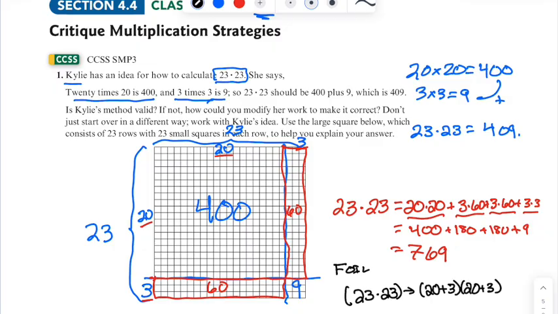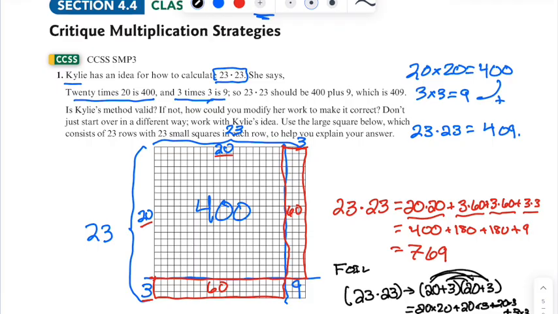I multiply my firsts, 20 times 20, my outers, 20 times 3, plus 20 times 3 for my inners, and then my 3 times 3 for my lasts. I'm running out of space.